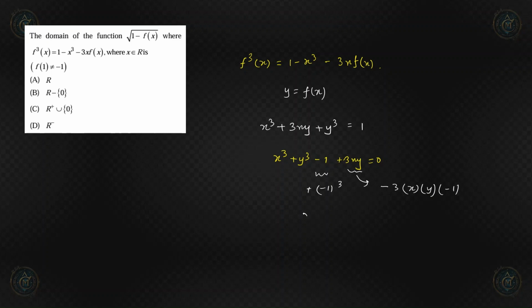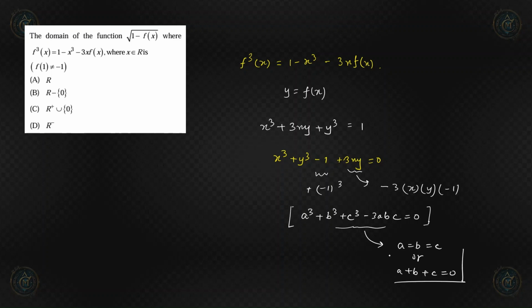So this is nothing but a cube plus b cube plus c cube minus 3abc equal to 0. We know the condition for this identity to hold true, that either we have a equal to b equal to c, or a plus b plus c equal to 0.